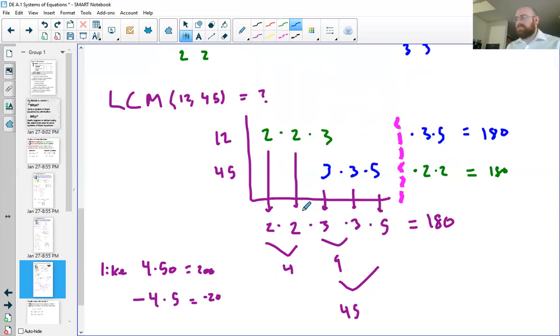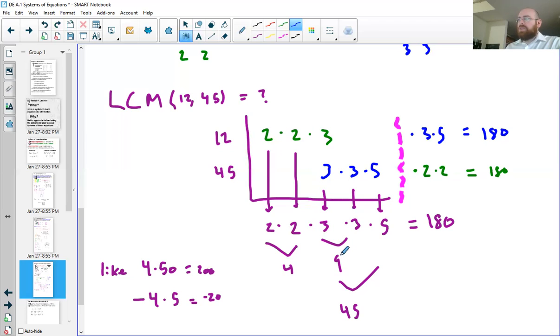So what that means, actually, having said that again, that's actually wrong. It's the largest number of times they appear. So we have 2 2s, we have 2 3s, that's the largest number of times that they appear in either number, and then 1 5.